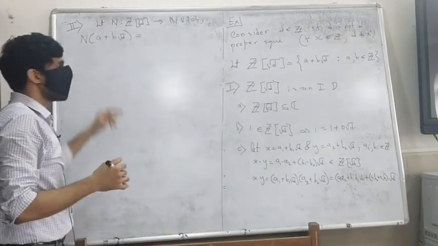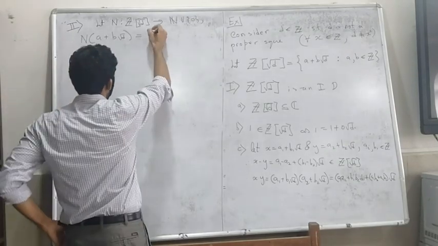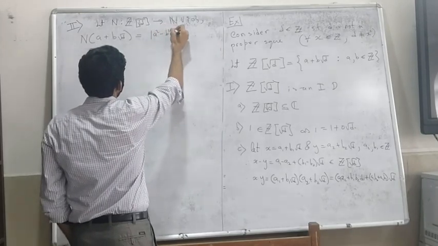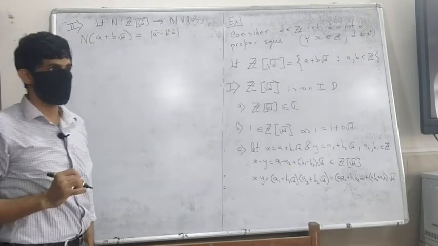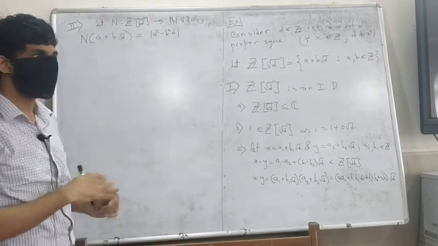So I am defining kind of a distance. The one which we do is modulus of a square minus b square d. Let us just check what happens.